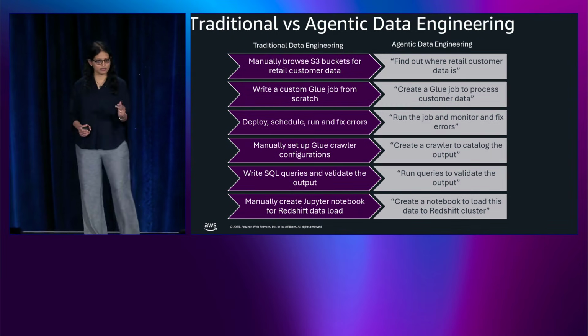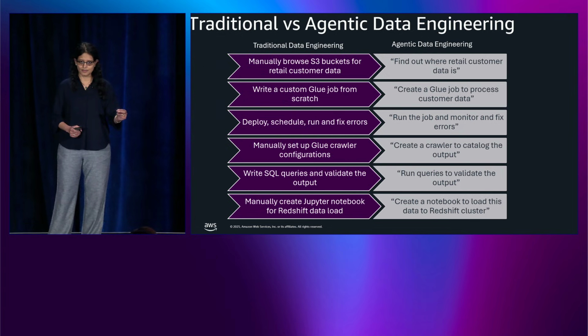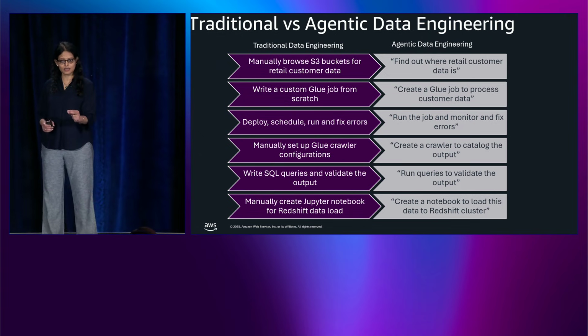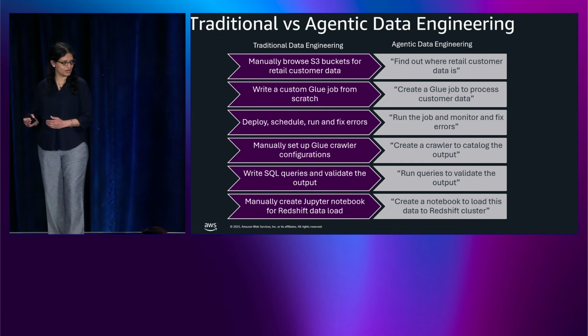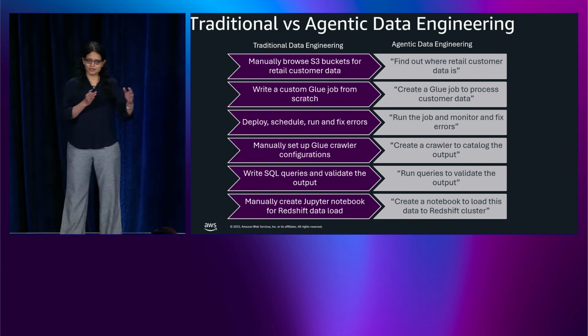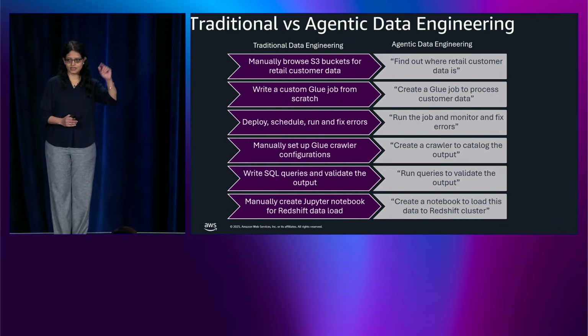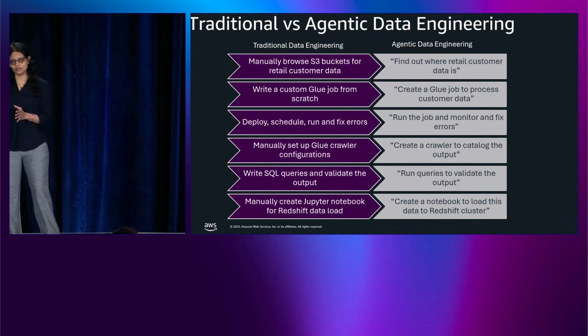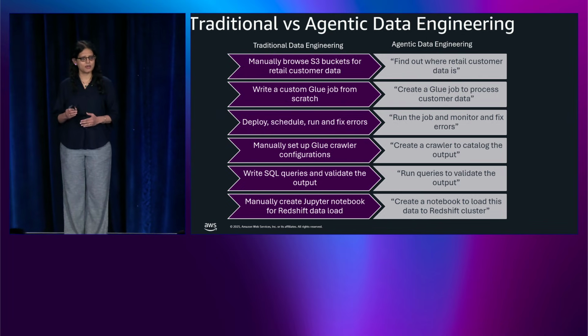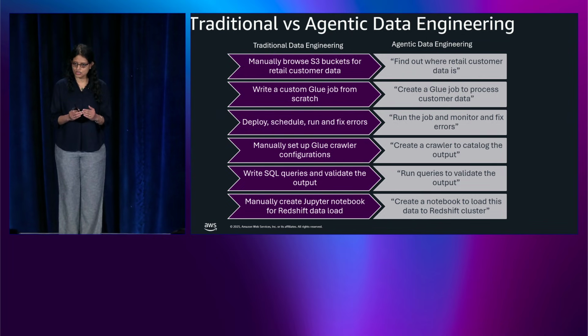If there are errors, you fix it, you validate the data set, and then you finally load it to a data warehouse. So the manual process of clicking through, converting that through agentic data engineering by asking questions in the natural language and have the agent do the work on your behalf.